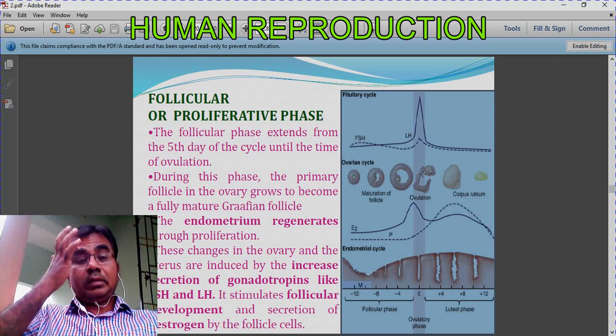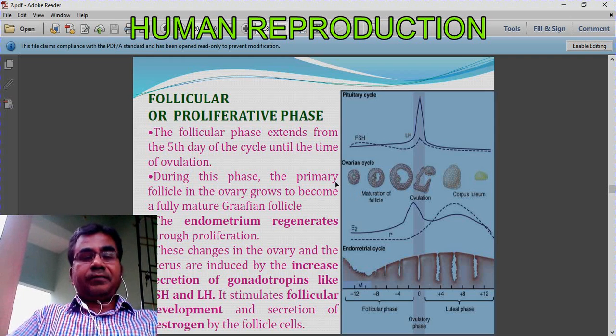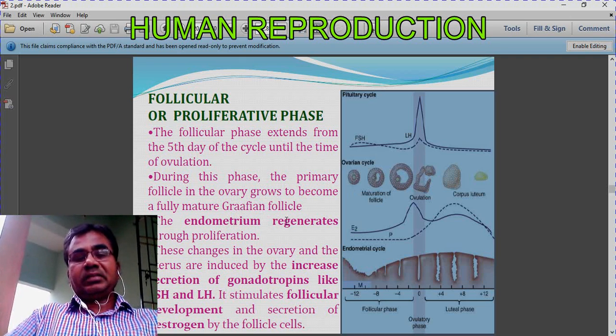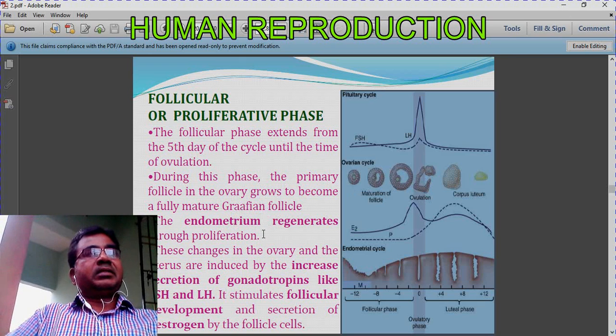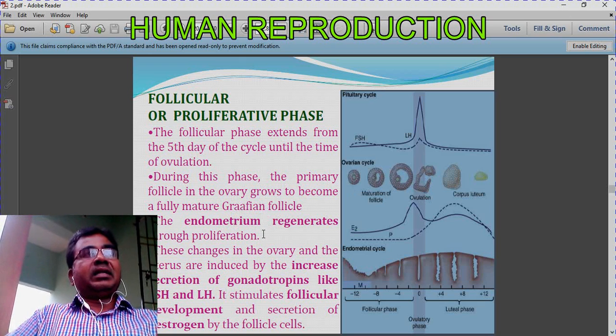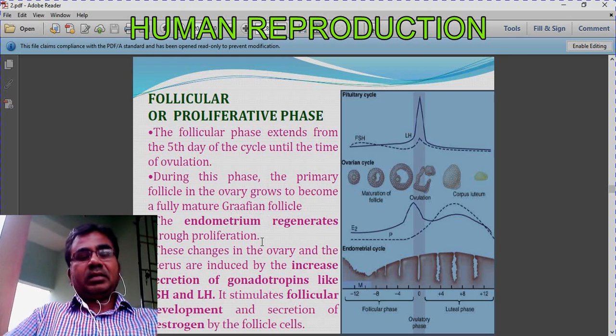So during this phase, what happens? The primary follicle matures into the Graafian follicle, and also one more process: the endometrium regenerates. What is endometrium? Endometrium is the inner layer of the uterus, and it regenerates.